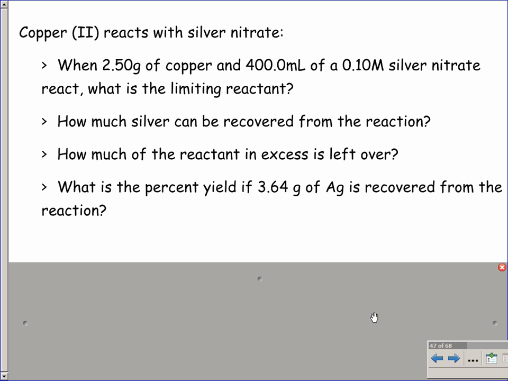So it's asking how much silver. How much of the percentage?